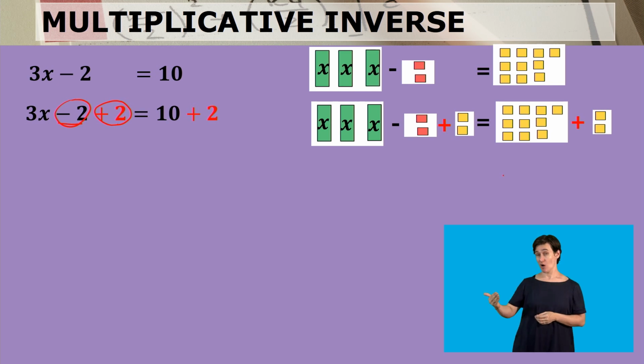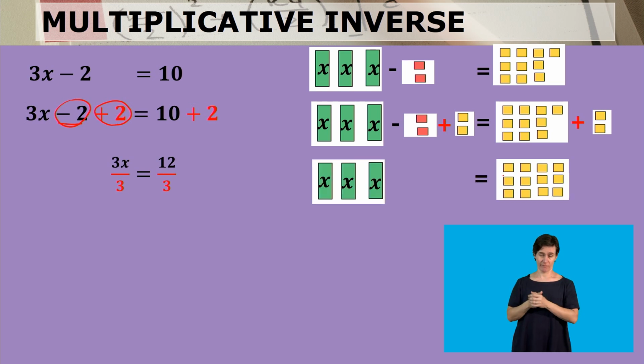And on the right-hand side, 10 plus 2 is going to give us 12. So the outcome is going to be 3x equals 12. Same with our model. We're going to have the 3 x's on the left and 12 boxes on the right.